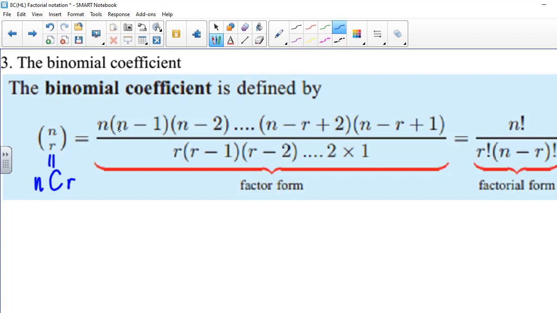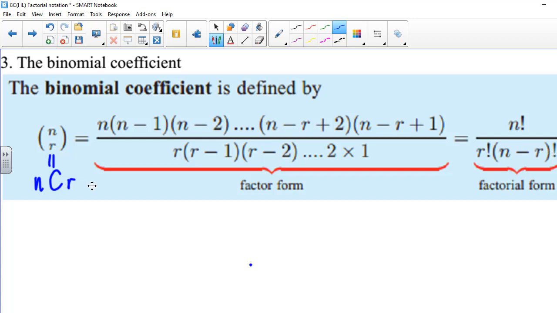This symbol means n times n minus 1 times n minus 2, all the way to n minus r plus 2 times n minus r plus 1, divided by r times r minus 1, r minus 2, all the way down to 1. So this symbol can also be written as n factorial divided by r factorial times n minus r factorial.